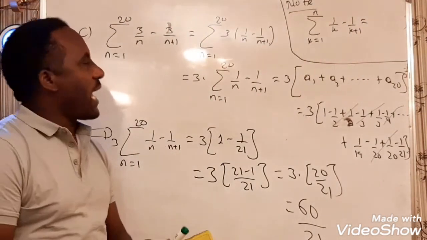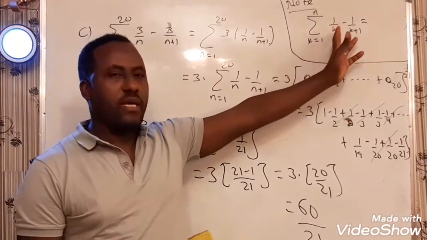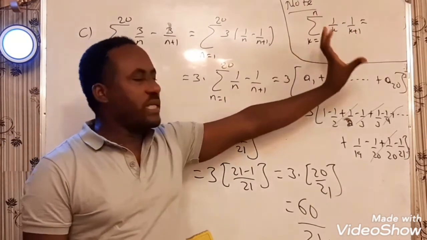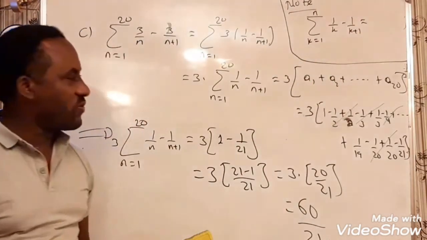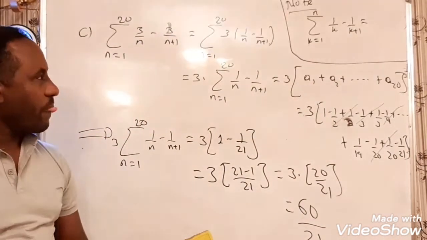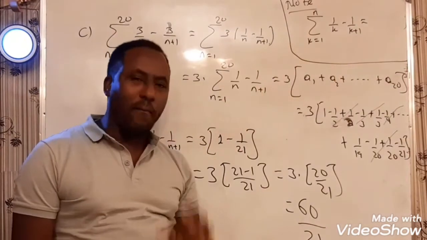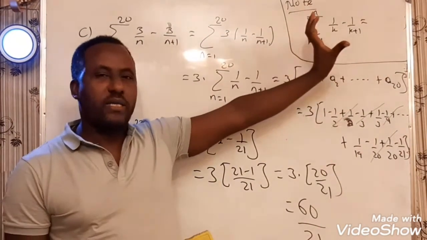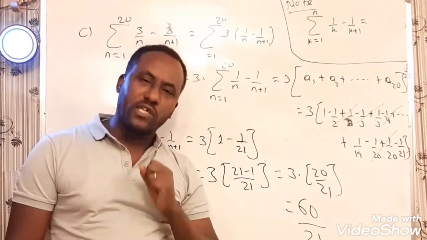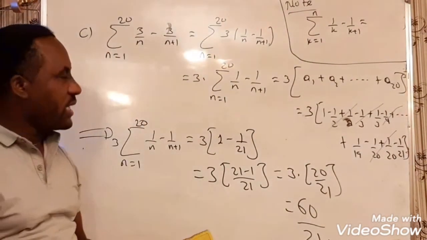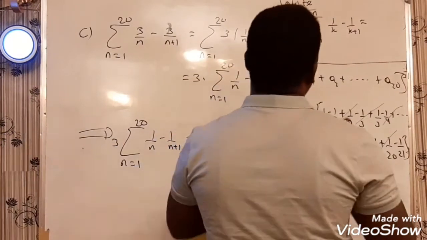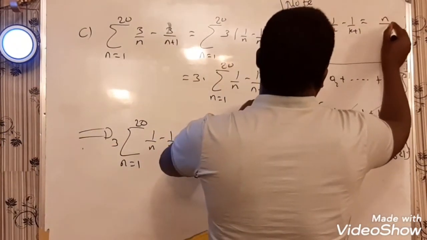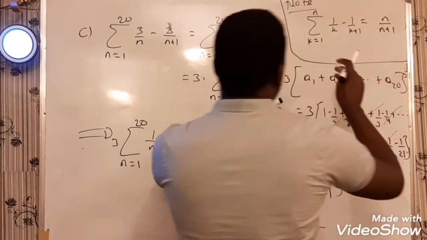That means for an arbitrary n, how do we determine the summation of such a problem? This is a typical example of a telescoping series. In order to find the finite sum of any such telescoping series, the solution is always given by n over n plus 1.